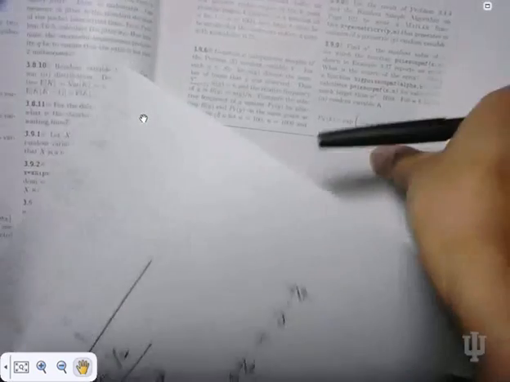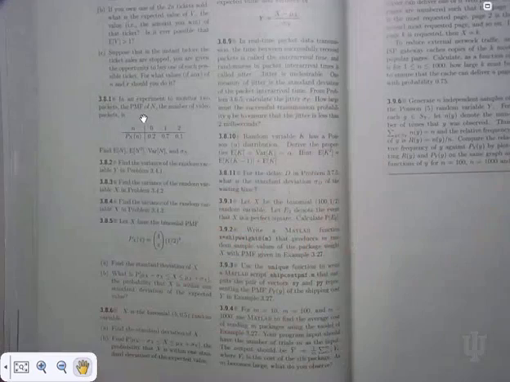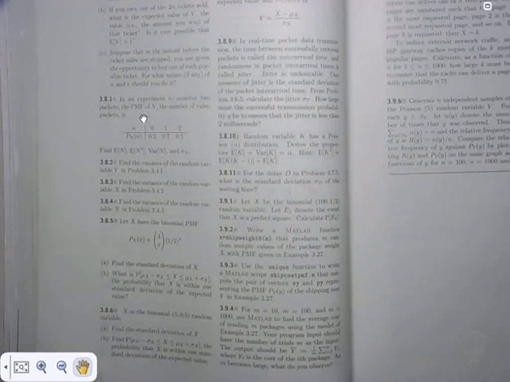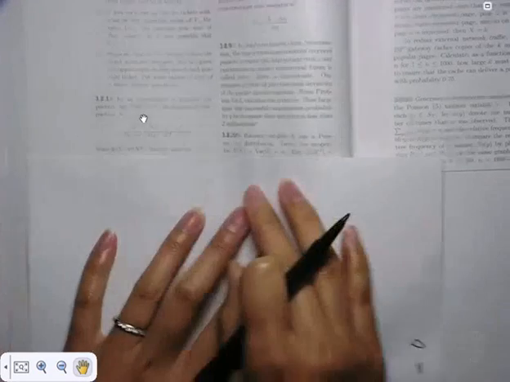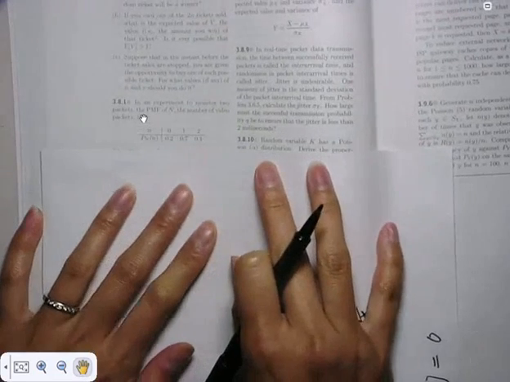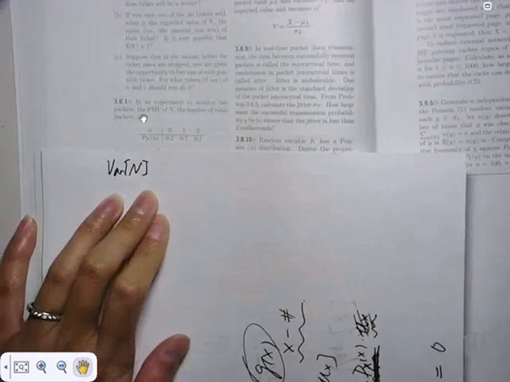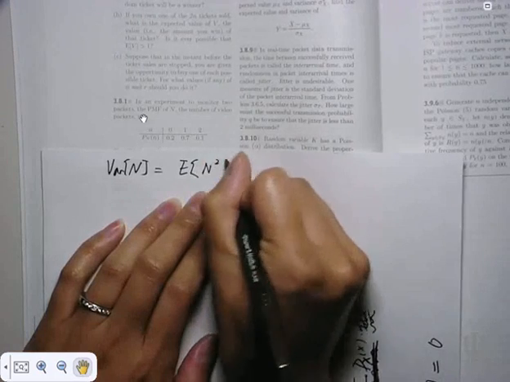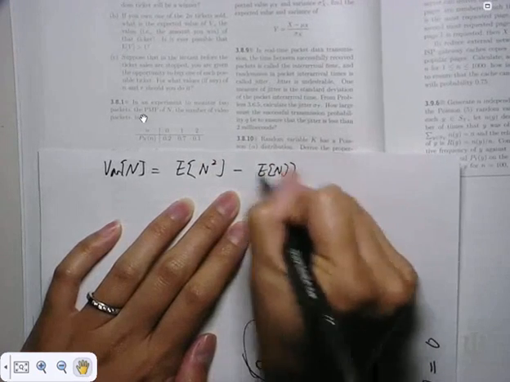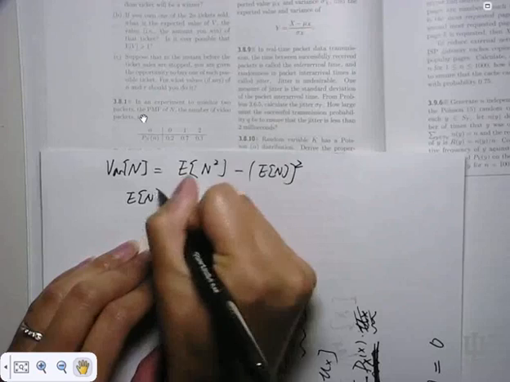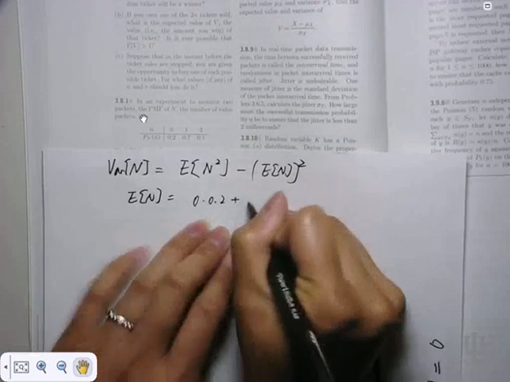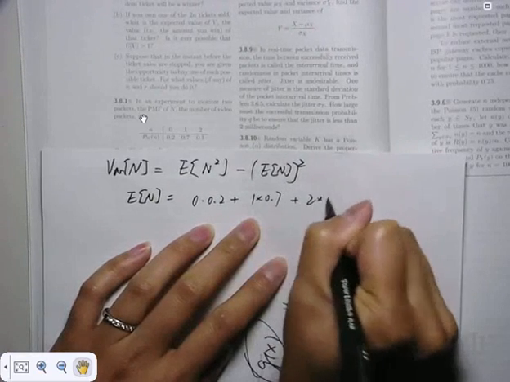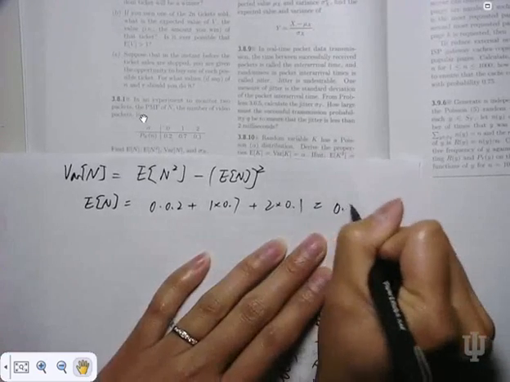Another example to be familiar with this. A reference table. What's the variance of random variable big N? Same way. You first calculate the expected value of N, which is 0 times, 1 times, 2 times, right?